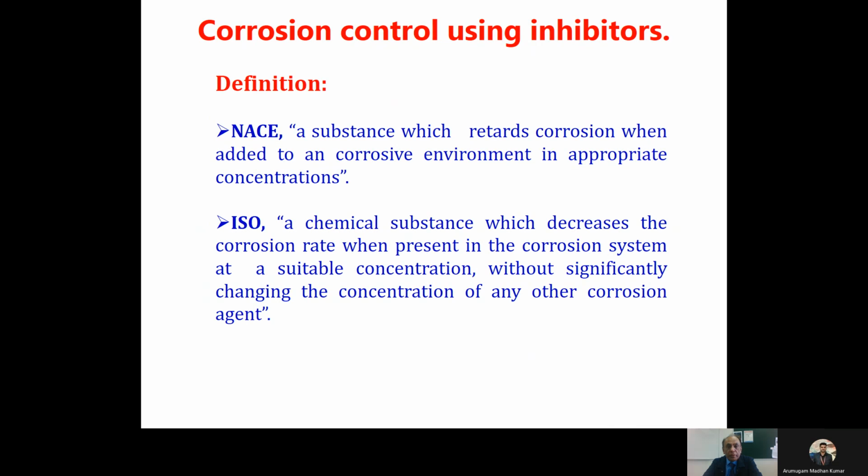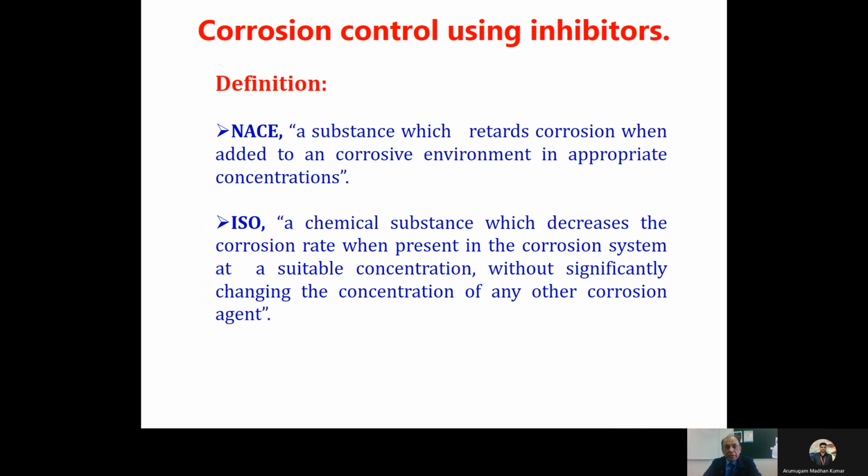Corrosion control by using inhibitors is also one of the most important methods, economical and easy to apply. So what are these inhibitors? According to the NACE organization, an inhibitor is a chemical substance which retards corrosion when added to a corrosive environment at appropriate concentration.